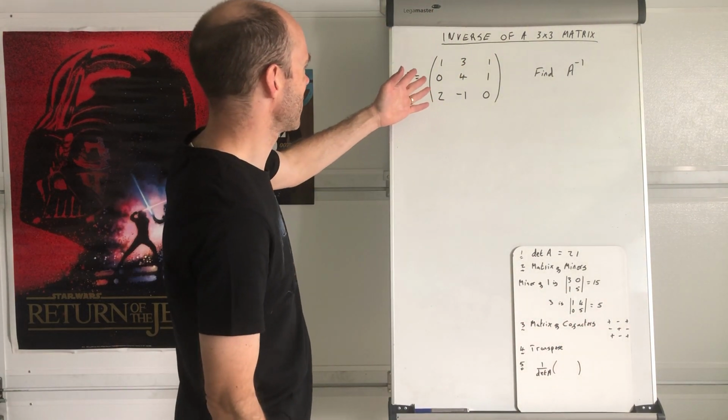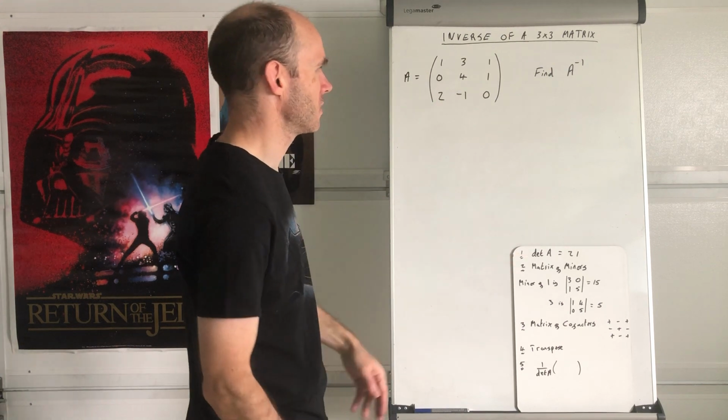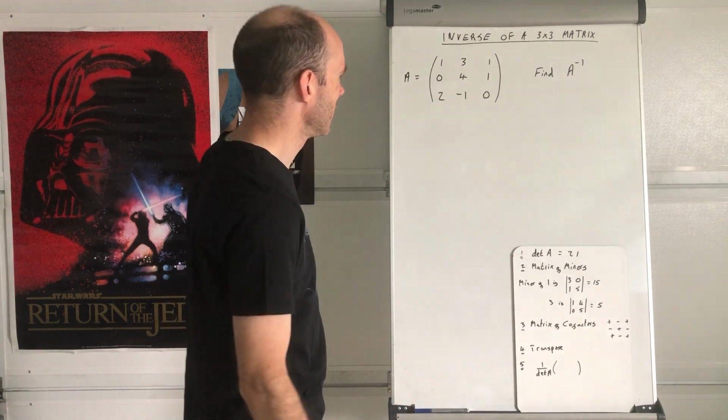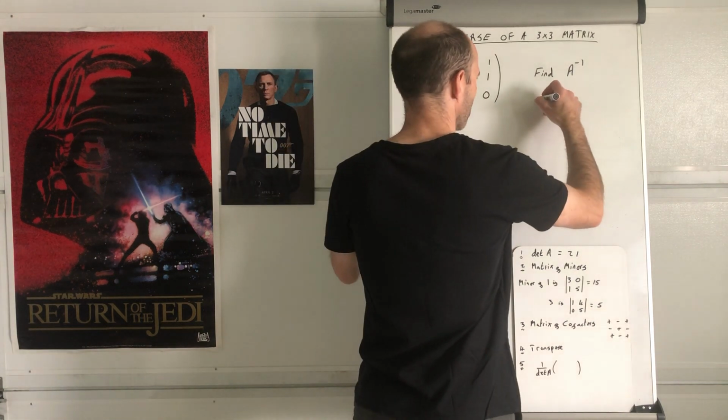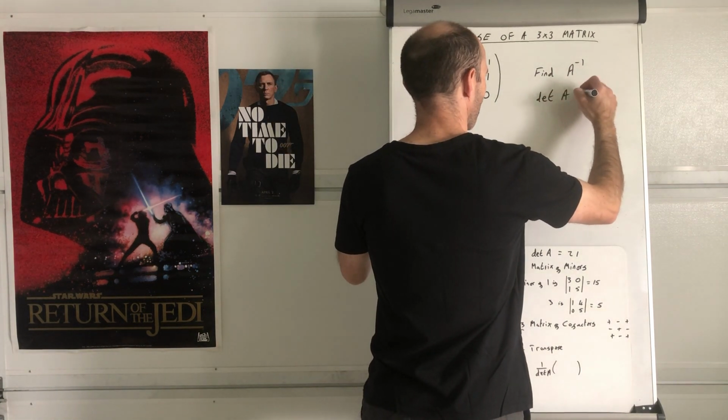Find the inverse of that. So the first step is find the determinant, just to see if you can actually do it. So I'm going to write down my answer there when I've got it.